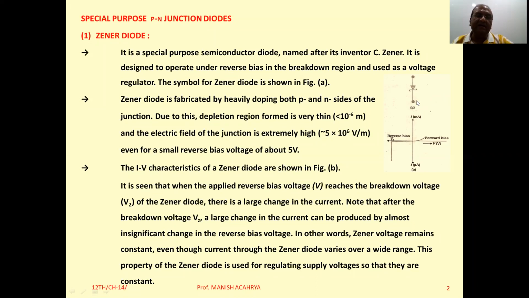Now how is the Zener diode formed? So Zener diode is formed with the concentration of impurity atoms increased. It implies that, see, in simple PN junction diode, the concentration of impurity atoms was considered 1 impurity atom per 10⁶ host atoms.